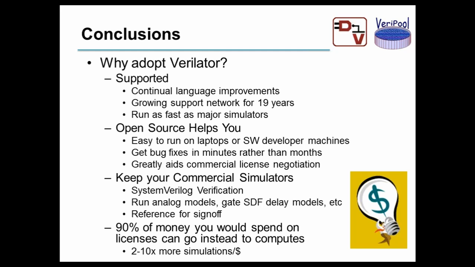You're not running analog with them, and if you can move 90% of your simulations to something open source, that's free, it means you need only 10% of the license cost. That makes a huge amount of money difference. And you can spend that money instead on, for example, simulation machines. So you get a huge amount more throughput, even more so than you would see by just the performance impact. You actually get an effective performance increase because you can spend that money on simulation machines rather than simulation licenses.